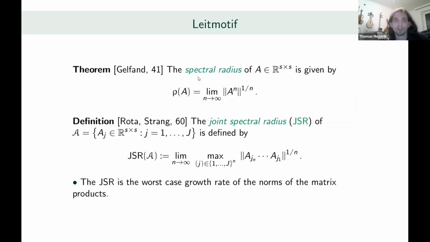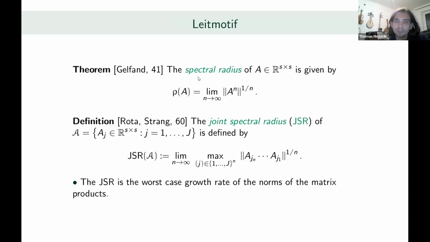And one thing we will see during the whole talk now is the joint spectral radius, so I just give the definition. The joint spectral radius is a generalization of the spectral radius of one matrix. So the spectral radius of a matrix is, we look at the growth rate of the matrix powers in norm.